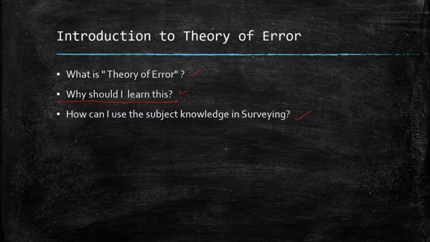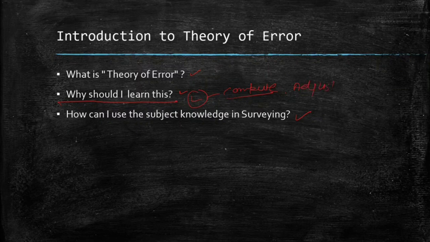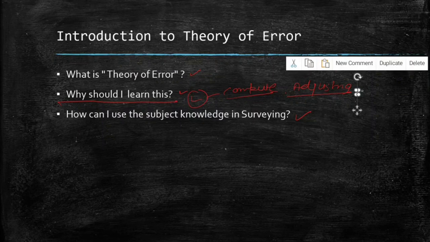If you don't know about the theory of error, how will you finally compute and adjust? Maybe you were computing and adjusting, but you are not aware of the basic core principle of how you are doing this. Maybe the software is doing this for you and you are not aware of the theory.